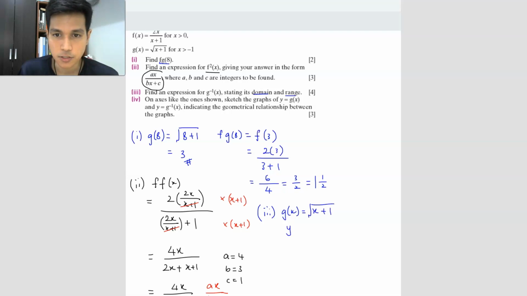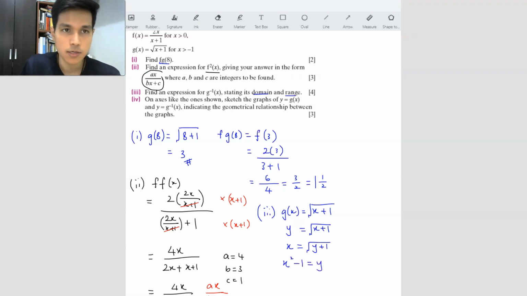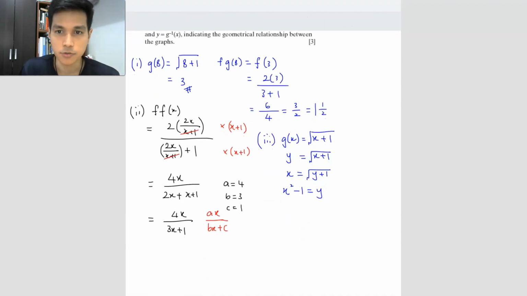So we change the Gx into y, and then we swap places between the x and the y. So x becomes y, y becomes x, and then we make y the subject. So you get x square minus 1 equals y. So the y here is the inverse function, so G inverse x is x square minus 1. Okay, so this is your answer.